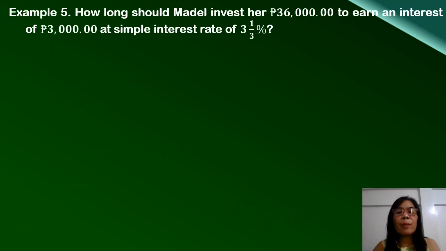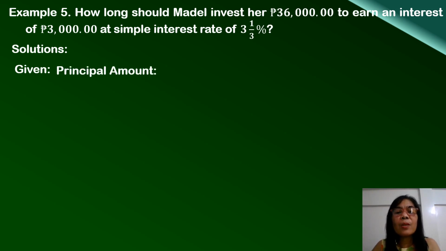Here is another problem. How long should Madel invest her 36,000 pesos to earn an interest of 3,000 pesos at simple interest rate of 3 1/3%? Okay, so we start our solution again by identifying what are given.